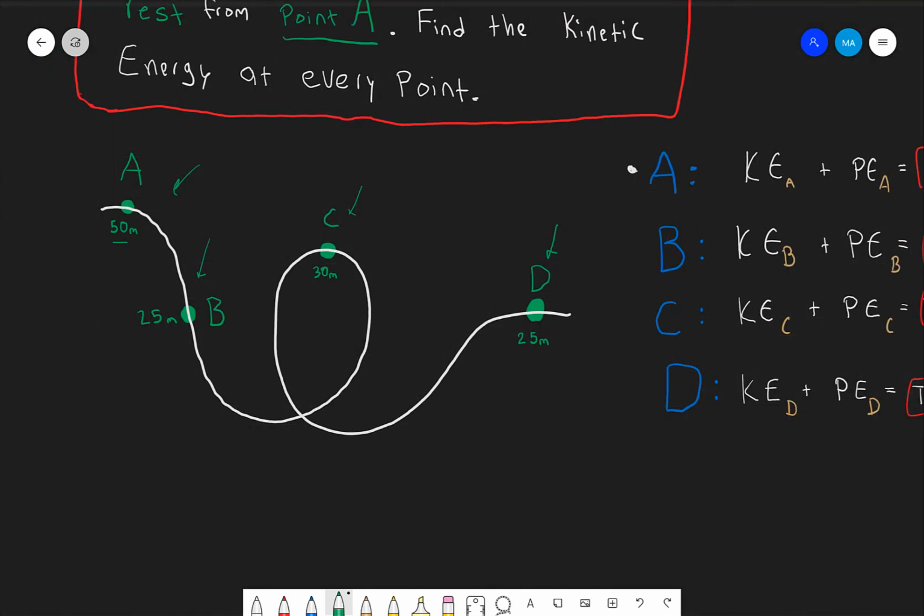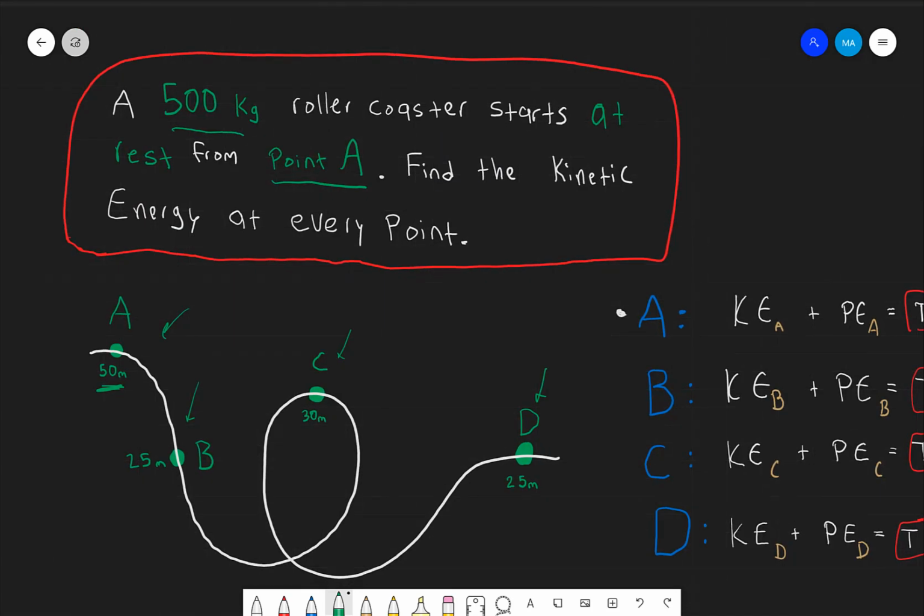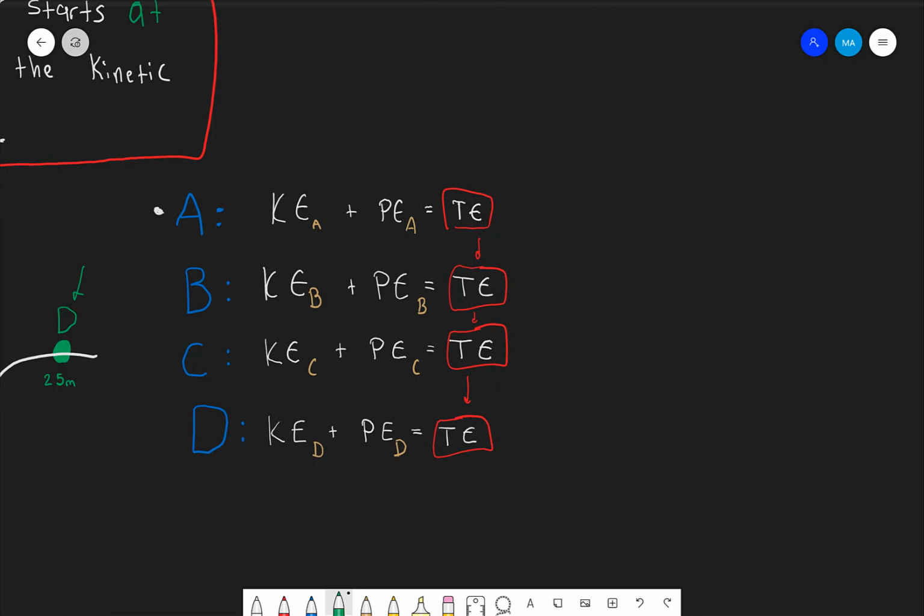Point A is 50 meters up in the air, and we know that the roller coaster starts at rest. So that tells us right here, at point A, that the kinetic energy is 0 because it starts at rest. And the potential energy is going to be mgh. So mgh, where mass is the mass of the roller coaster, which is 500. g is the acceleration of gravity, which is 10 meters per second squared.